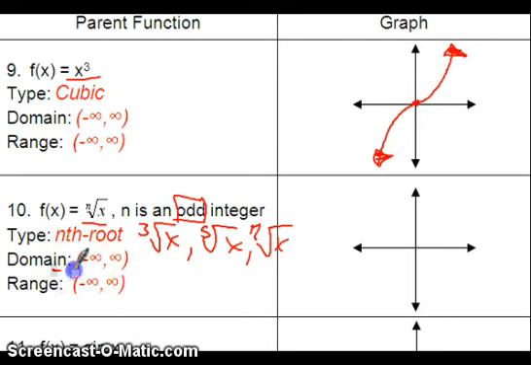This time the domain is different from the even power. The range is different from the even power because now we have the negatives to worry about. The right hand side is going to look a lot like an even-powered graph. However, now the left side is going to curl down kind of like a snake. And if you take a look, it almost looks like that x cubed graph on its side.